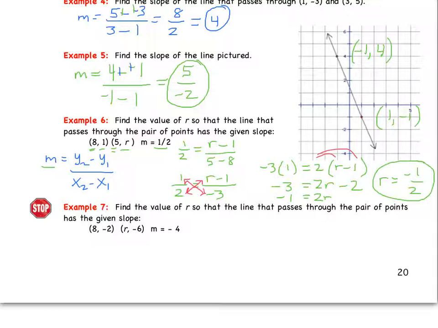Okay, give it a try and see how you do. All right, hopefully you were able to follow along and get an answer of r equals 9. If you have any questions, make sure you ask your teacher tomorrow in class.